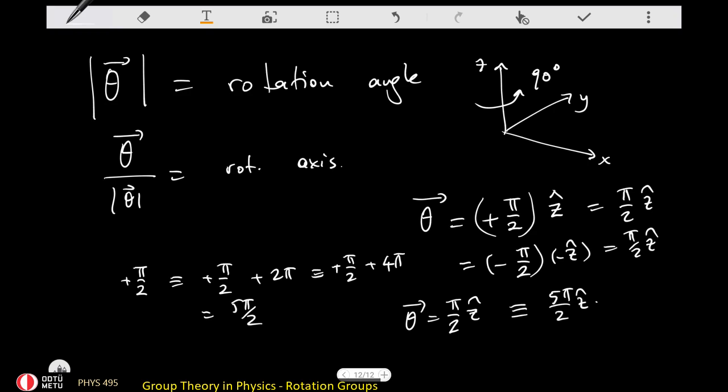But sometimes people make this convention. So you can just assume that theta, the magnitude of the rotation angle, is always less than or equal to pi. And so by this convention, therefore, you can uniquely describe all the rotations, except that for rotations with angle pi, I can describe them with a rotation angle pi or minus pi. They are going to give me the same rotation actually.